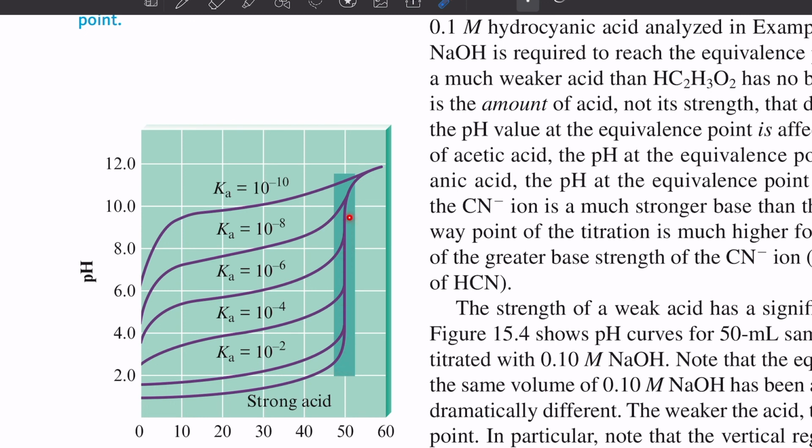Okay, but again, you'll notice that they all have equivalence points where the amount of base that you add isn't going to change, but where the equivalence point happens changes based on the strength of your acid.